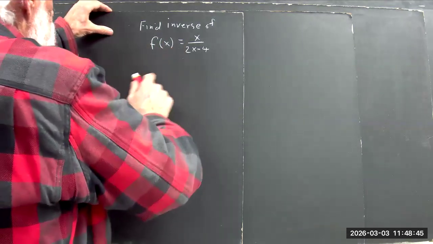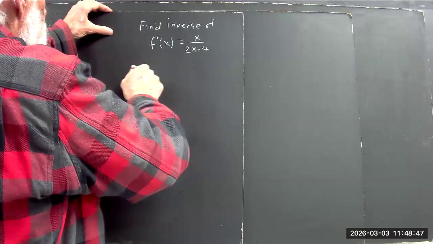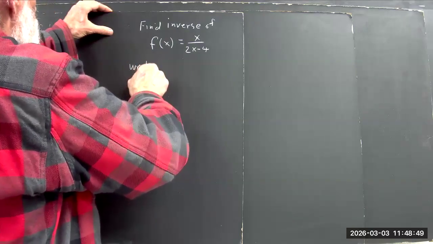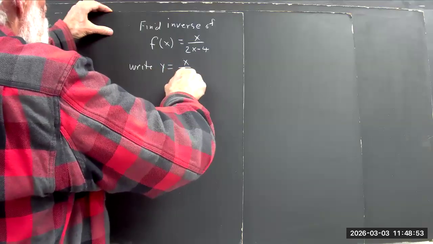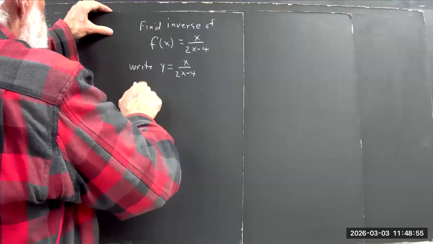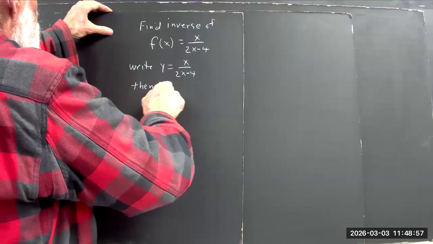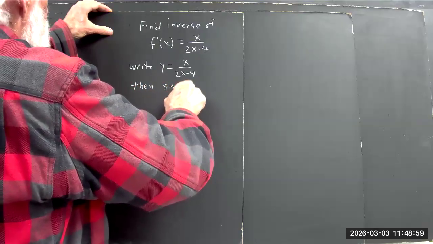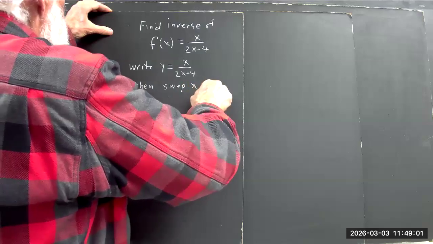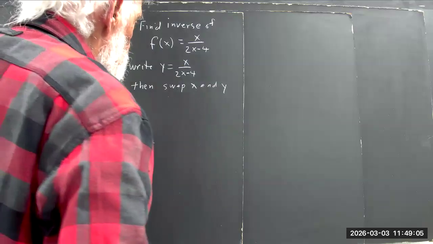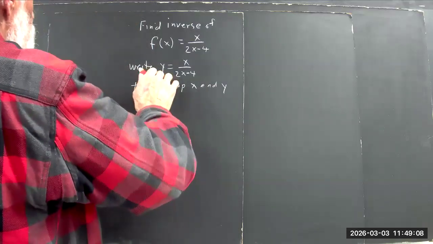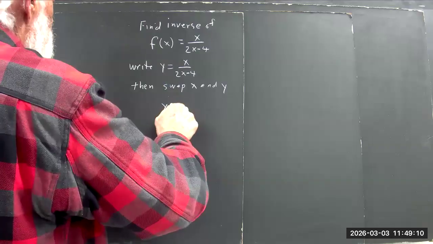F of x equals x over 2x minus 4. Well, we write y equals x over 2x minus 4. And we swap x and y. We replace all our x's by y's and all our y's by x's. So this y becomes an x.